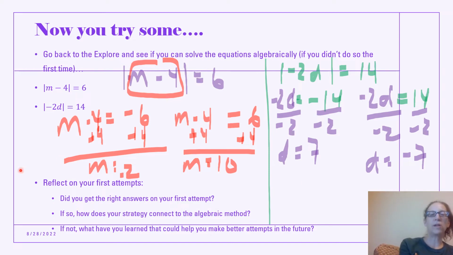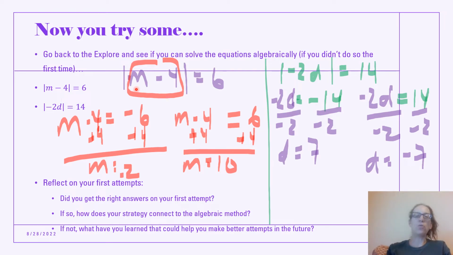Now, before you click on, reflect on your first attempts. Did you get the right answers on your first attempt? So were you successful? If you were successful, how does your strategy connect to the algebraic method? Maybe your strategy was, well, I guessed and then I knew algebraically what a solution was, so I was able to guess and then check.